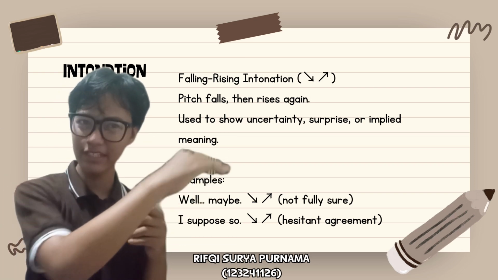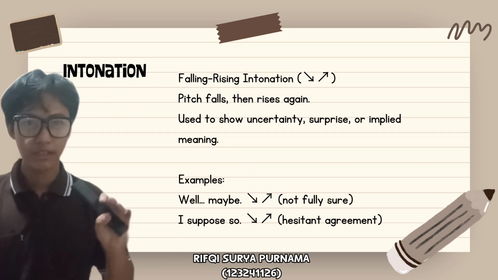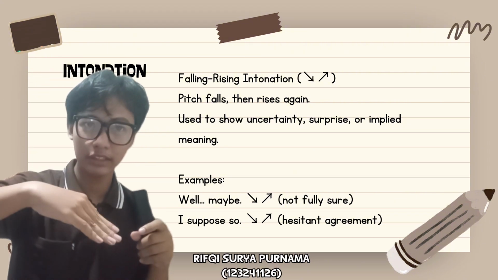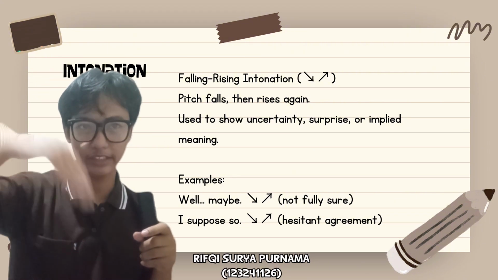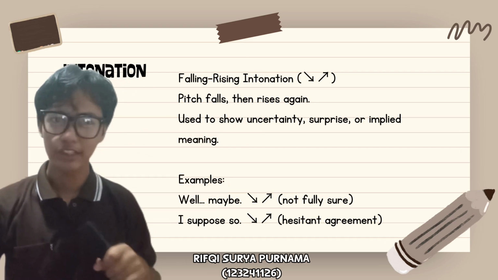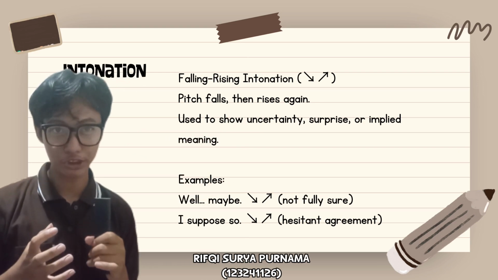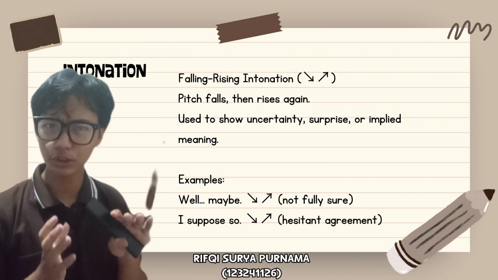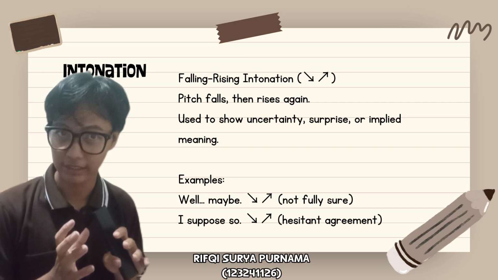See, there is an uncertainty put inside it because you mix a certain intonation that is falling with an uncertain intonation that is rising. So it makes it a kind of mixed emotion when you are planning on something but you are still unsure if it's going to happen or not.